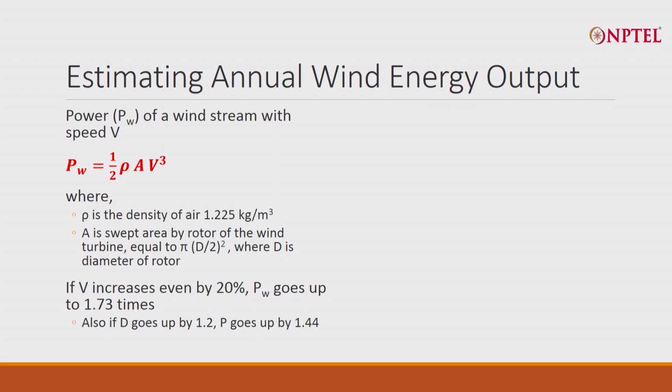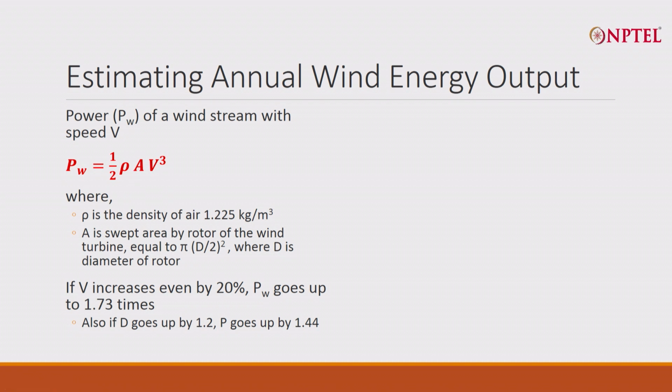There are some very interesting and simple formulas. The power of a wind stream is given by half into the density of air, 1.225 kg per meter cube, multiplied by the area swept by the rotor, multiplied by V cube.